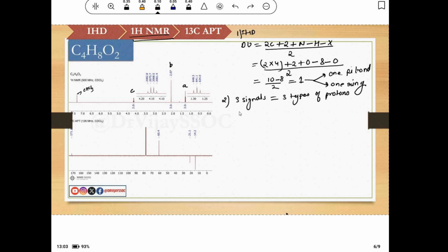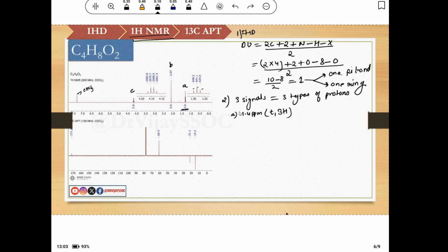Okay, so the signal A is coming around 1.4 ppm, which is a triplet. You can see that 1, 2, 3. So this is a triplet, and the integration value is 3. So it corresponds to the 3 hydrogen.